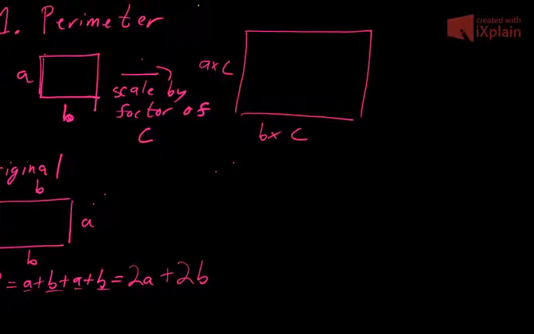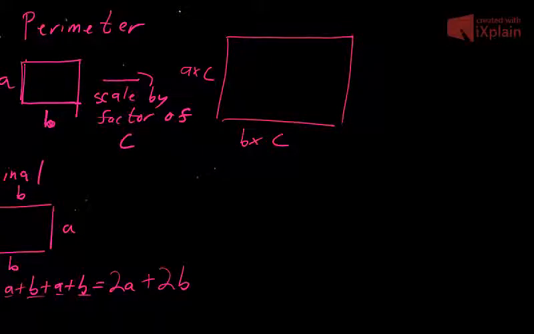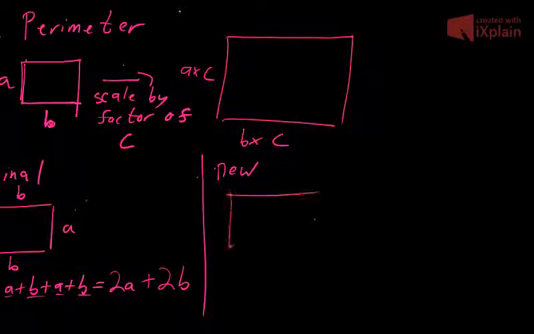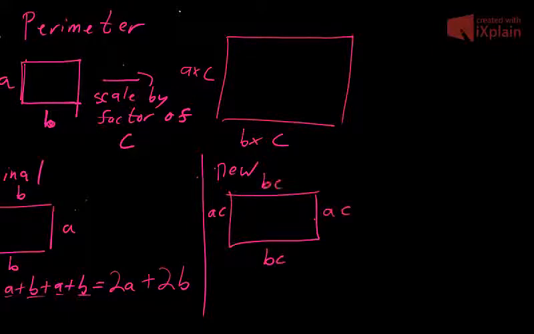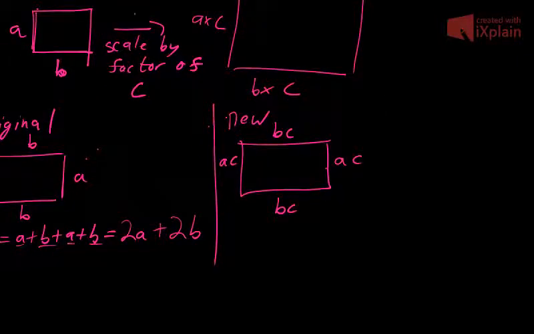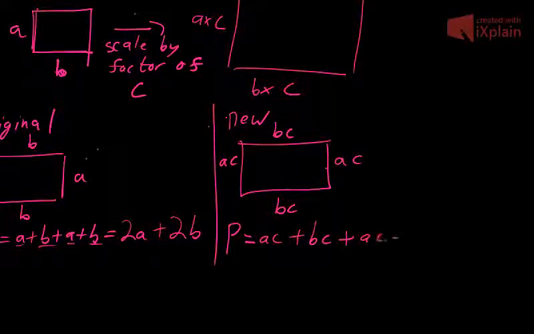So if I go over here now and look at my new shape, we draw a line so we know what we're talking about, I have to go around this new shape with sides AC, BC, AC, and BC. I should be able to go around here and say my perimeter is adding up all the sides, which is AC plus BC plus AC plus BC.